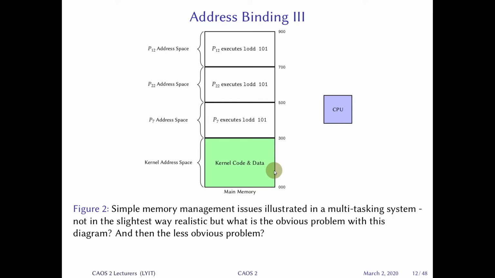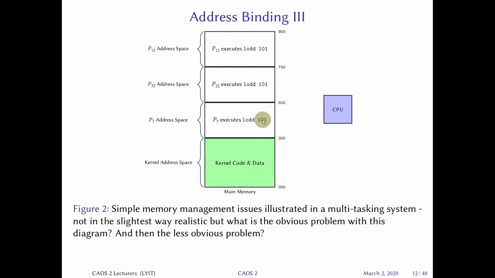We require the kernel's address space to be absolutely private, and we also require it not to be alterable by any other process that's executing in the system. Because remember, the kernel is privileged, and these processes up here, they're very much restricted in terms of what they're allowed to do.